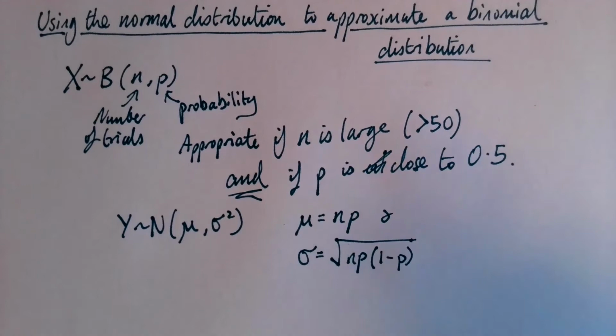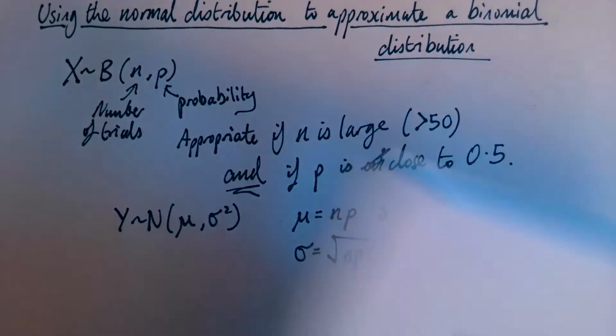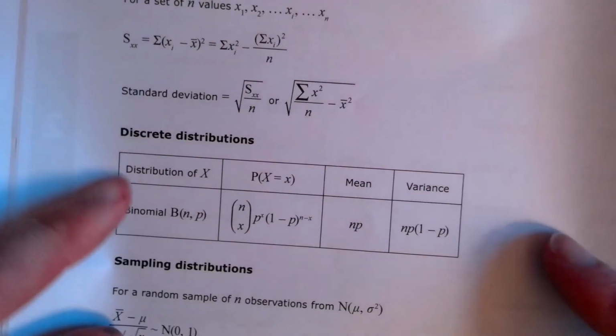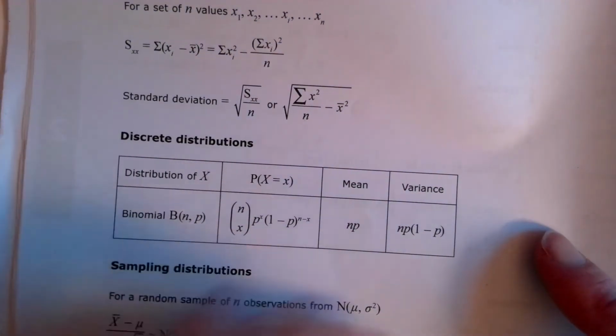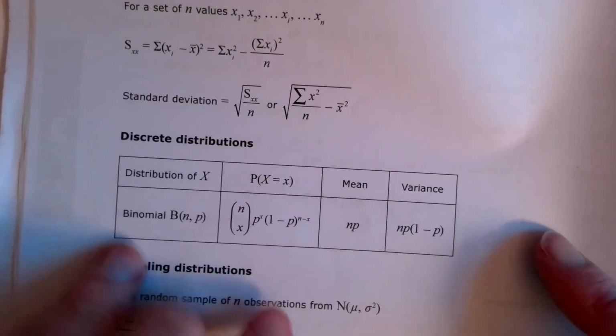Now you might be thinking, hang on, how am I going to remember that amongst all the other things going on? So if you get your formula booklet and turn to page 8 and look at where it says discrete distributions, when you get into the exam you think, oh, that's to do with the binomial.